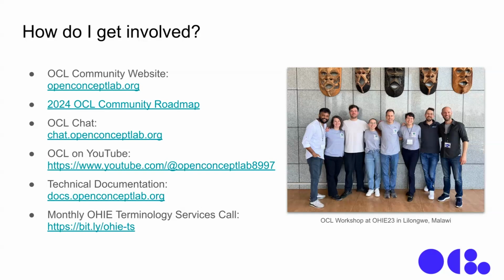Our technical documentation can get your developers started if you want to deploy or start integrating with the REST API. We have a lot of community calls, including the monthly OpenHIE terminology services call, where we're very active, but also our weekly architecture developer calls and community calls, if you'd like to join and learn some more.